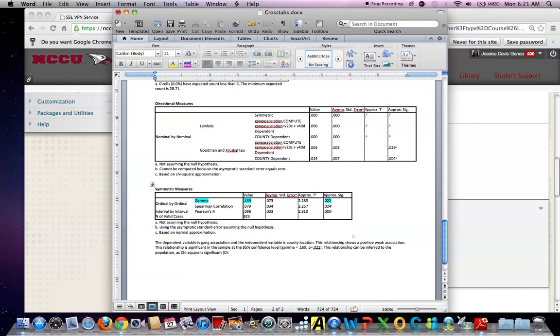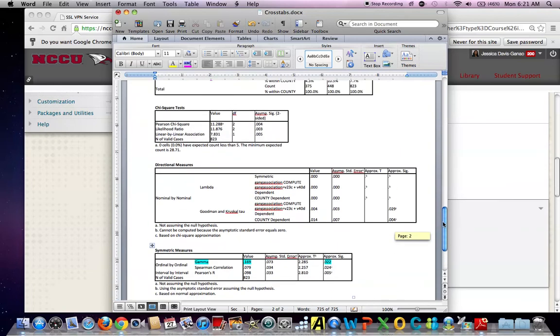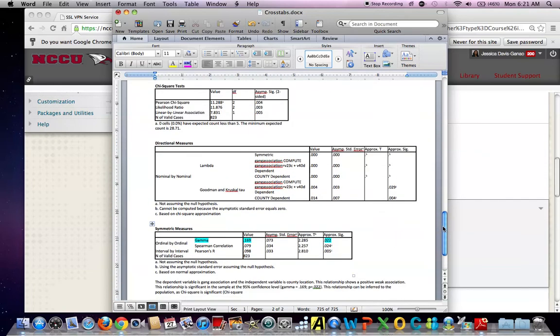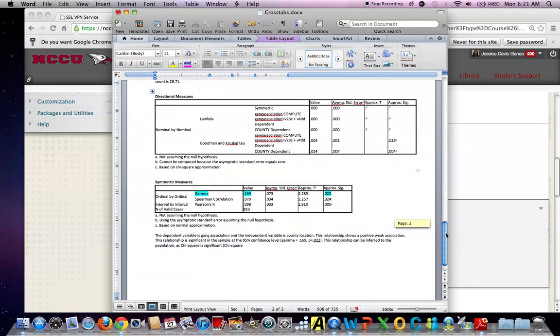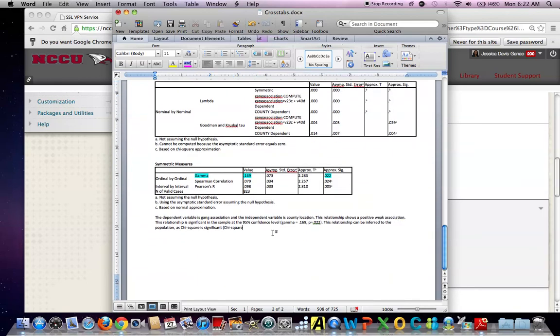Chi-square is equal to 11.288, degrees of freedom is 2, p is equal to 0.044. Chi-square is 11.288, degrees of freedom is equal to 2, and the p is equal to 0.004.